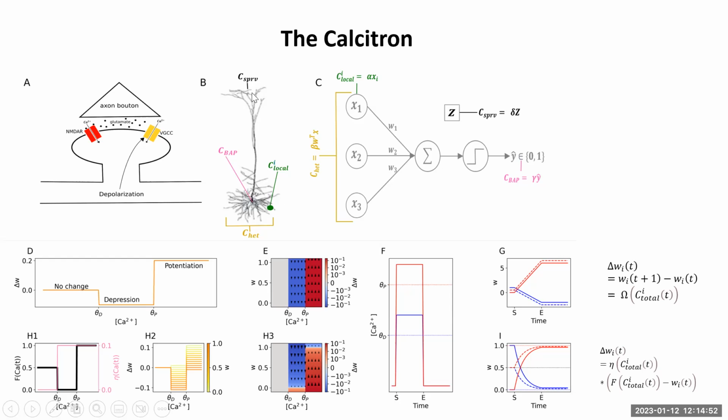So that's just this global external supervisory signal. And that's associated with this coefficient delta. So Z is the value of the supervising signal.